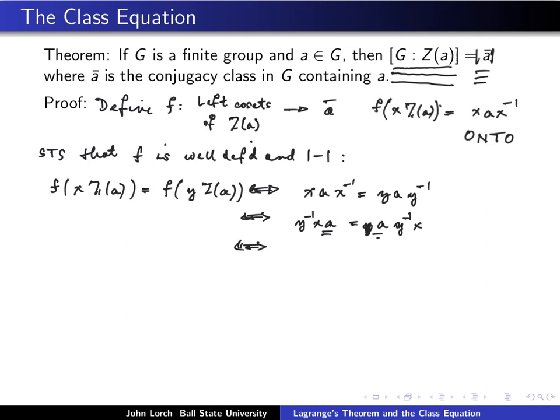So that's true if and only if y inverse x is in the centralizer subgroup associated with A. And that happens if and only if, you might remember from a previous video, the two left cosets of the centralizer subgroup of A by y and x are equal to each other.